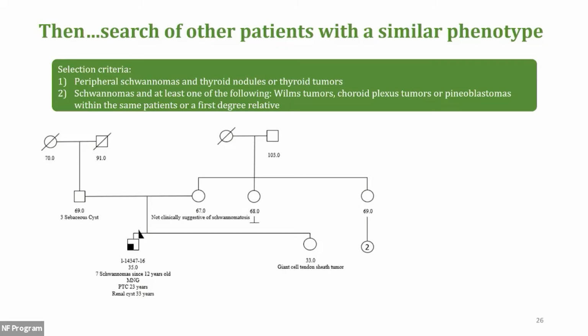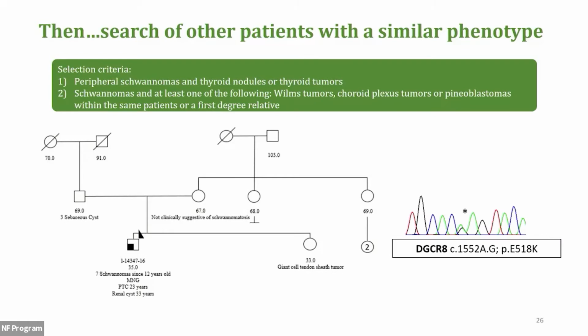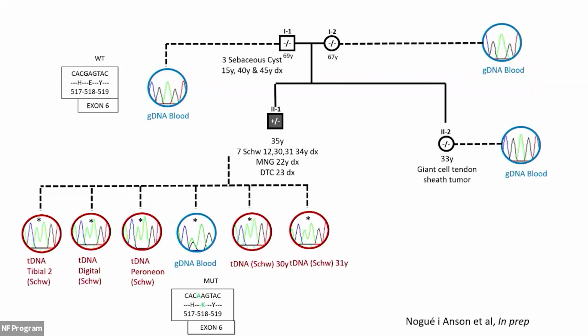He is a young adult with 7 peripheral schwannomas, PTC and MNG, and his dad has a sebaceous cyst, his sister has a giant cell nerve sheath tumor, and he was a carrier indeed of the same mutation. Again, we were very lucky, very surprised.